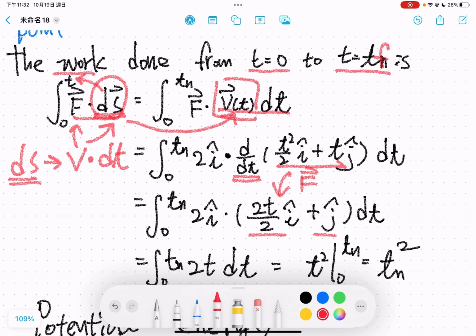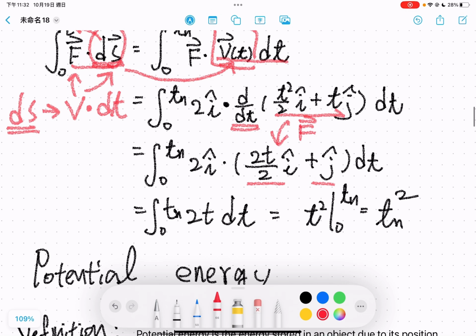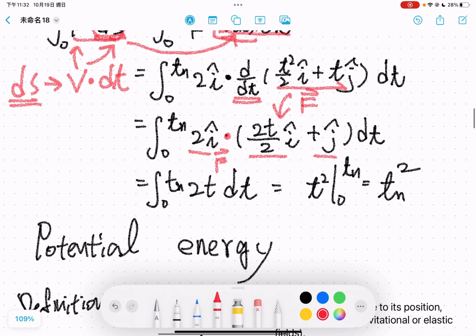So the velocity direction always changes at different positions along the path. But it doesn't matter, we just integrate with the force. Then we can get the final result: t squared. So with different times, the work done on the object is variable, and the total work is Tn squared.